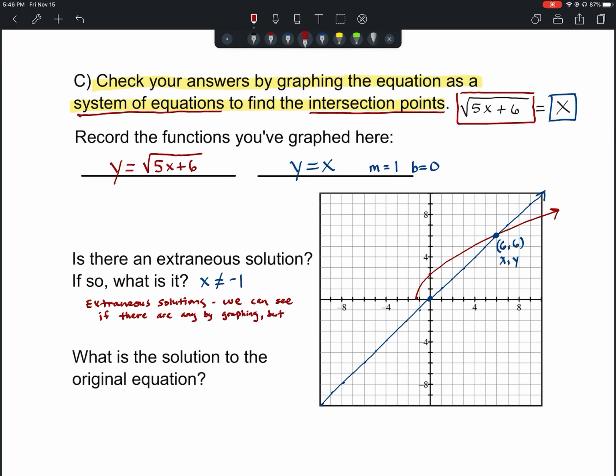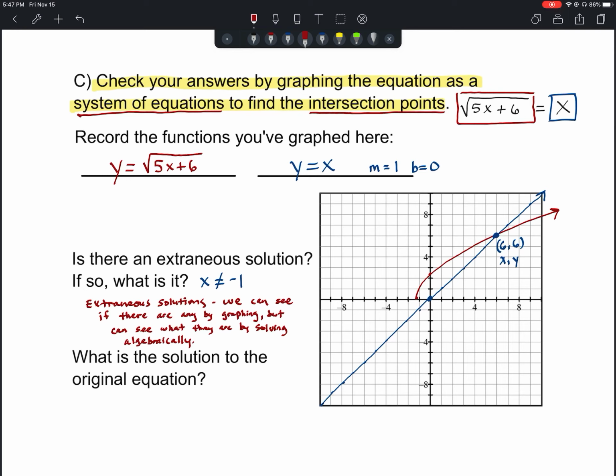But we can see what they are by solving algebraically. Algebraically. There you go. All right.